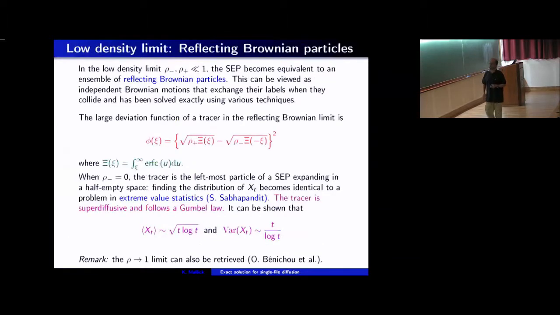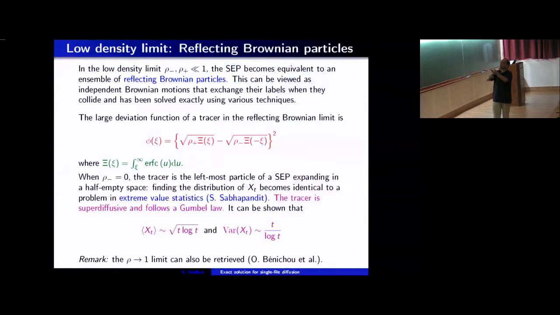And you can go also to the continuous limit, where you replace your exclusion particles by Brownian motions that reflect off each other, Brownian particles which are not allowed to cross. So you just exchange them when they touch, you use Snell's law to reflect them. And you can take the continuous limit of the formula and get a pretty neat explicit expression of the large deviation function in that limit, involving, again, integrals of error functions.